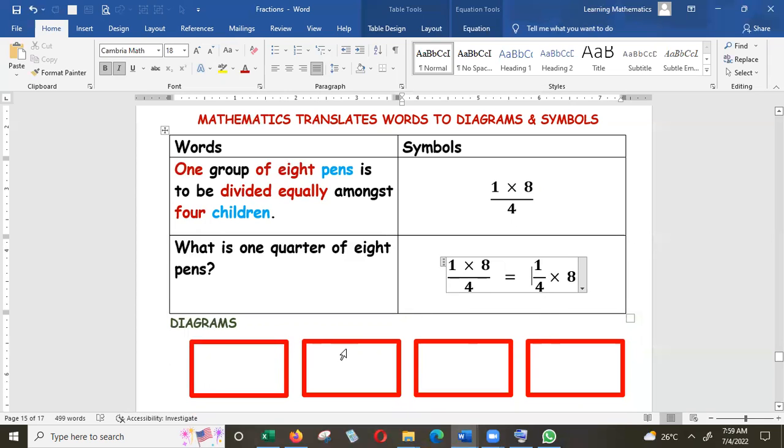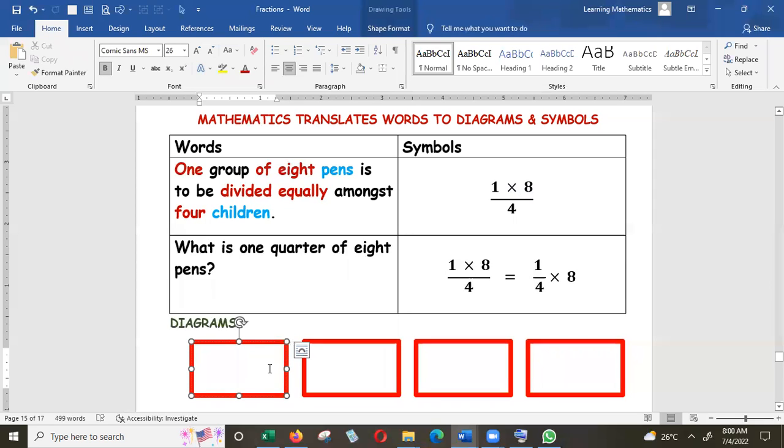Here we have the 4 children and we have to divide 8 pens equally amongst them. So we have one group. Let's establish one group of 8 pens. 1, 2, 3, 4, 5, 6, 7, 8.